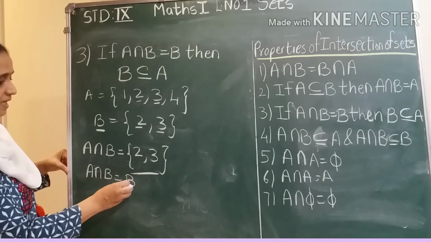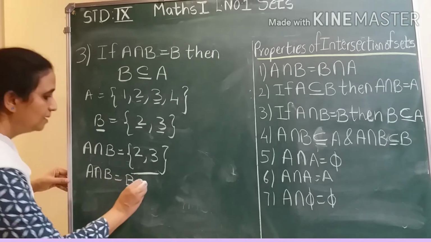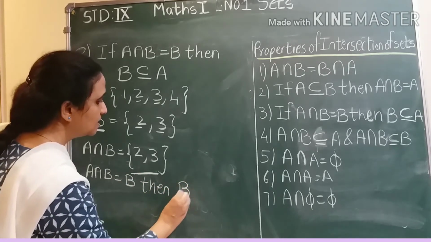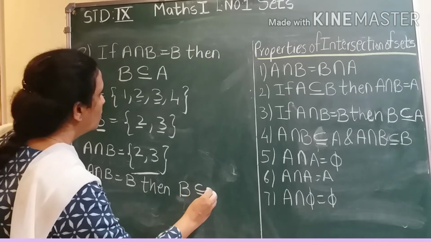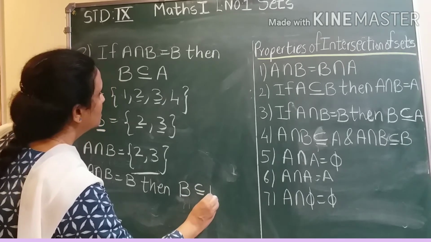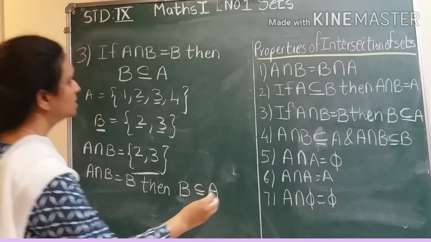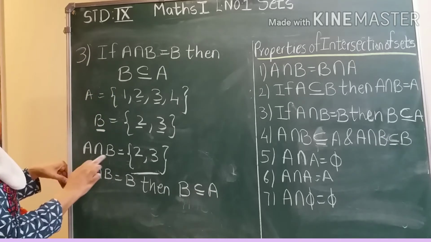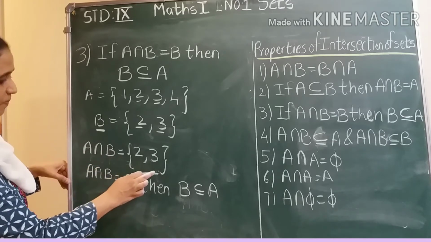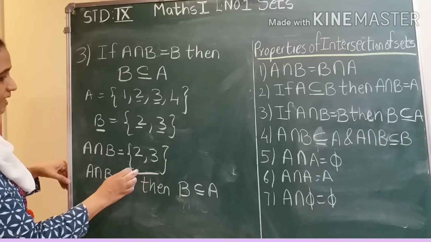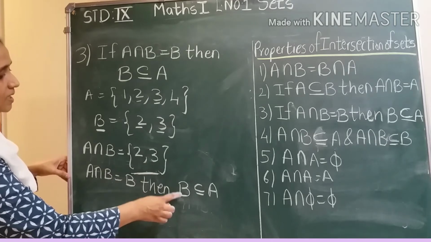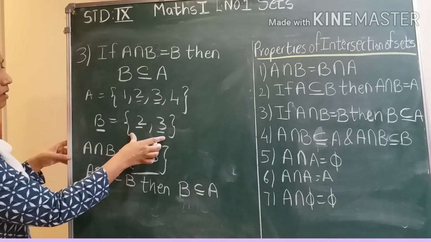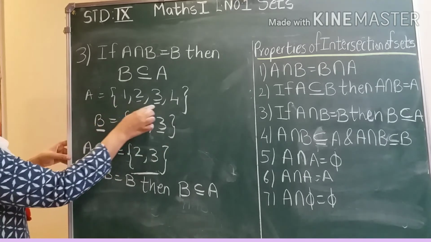Then we can say that B is the subset of A. See over here, A intersection B we have got as set B. Then we say that this B is a subset of A. Here you will see that B is a smaller set and A is a larger set.